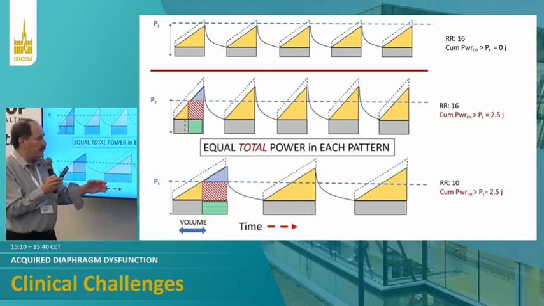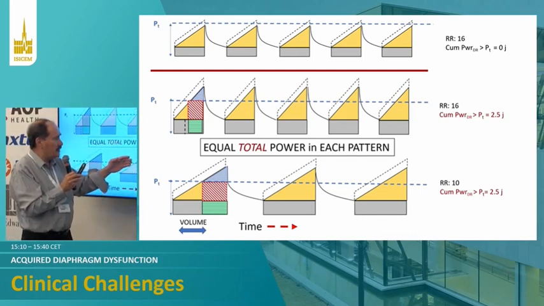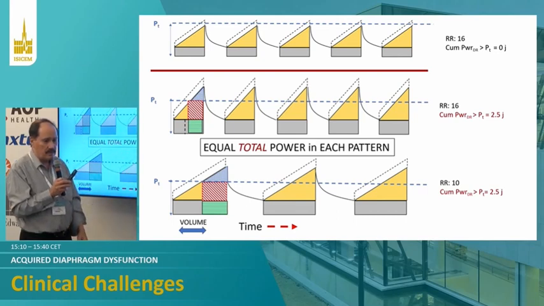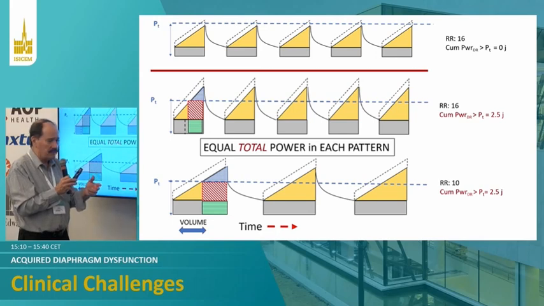What's the point? The point is that the characteristics of the individual cycle are important, the threshold's important, and the frequency's important. So you got to think in three terms: the pressure, the energy that's delivered above the pressure, and the frequency of that delivered energy.